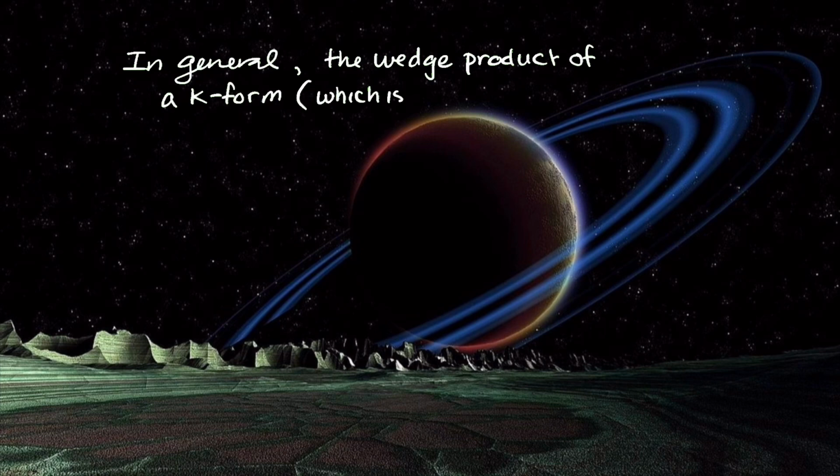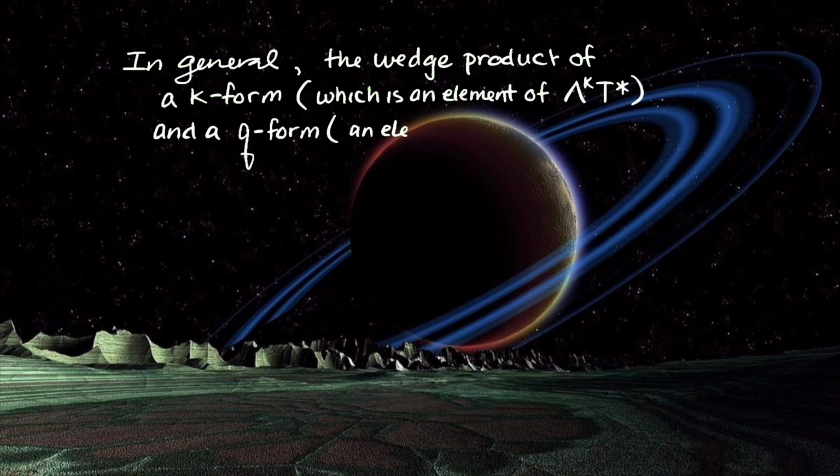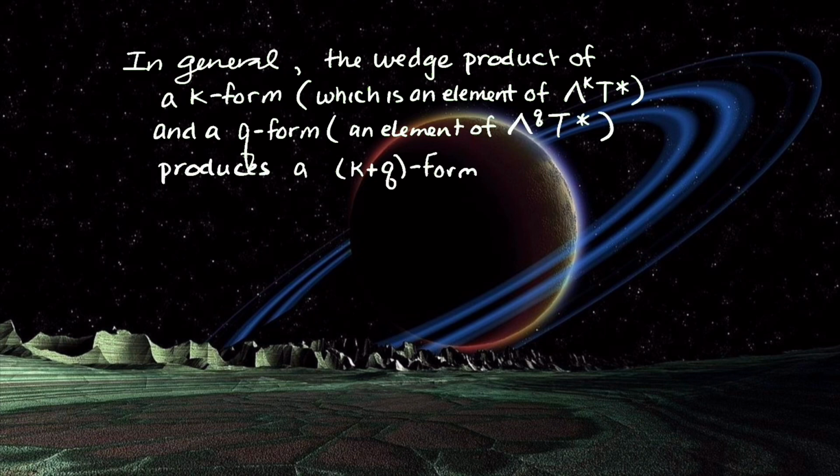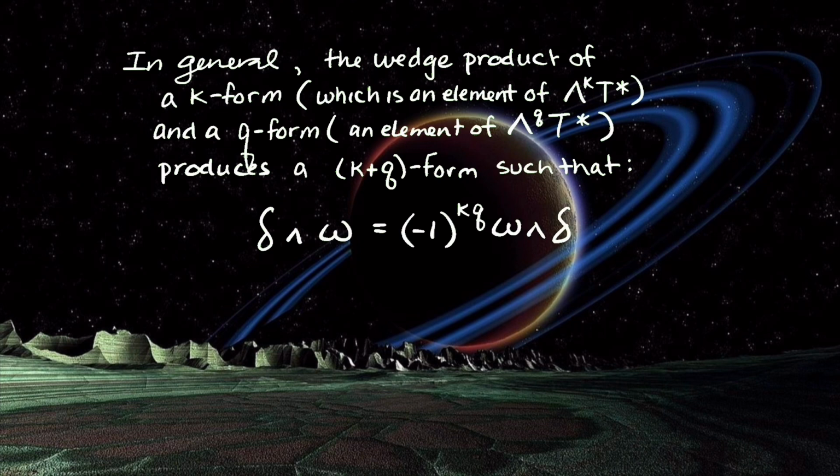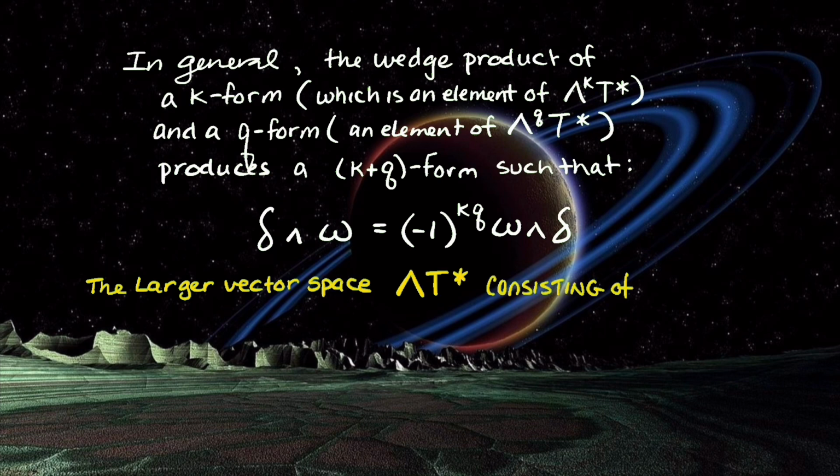So in general, the wedge product of a K form, which is an element of wedge K, and a Q form, which is an element of wedge Q, produces a K plus Q form, such that if you swap the particular elements, you retain a negative sign up to a certain degree.